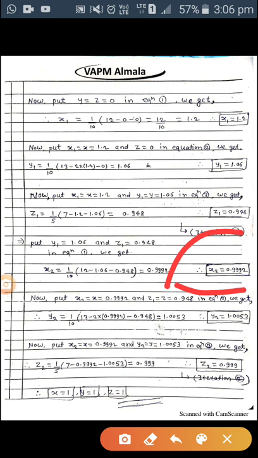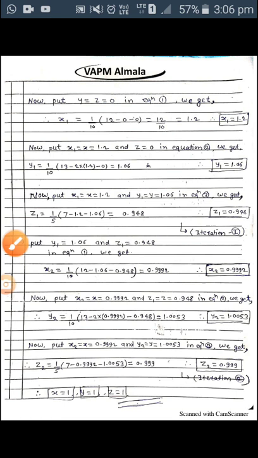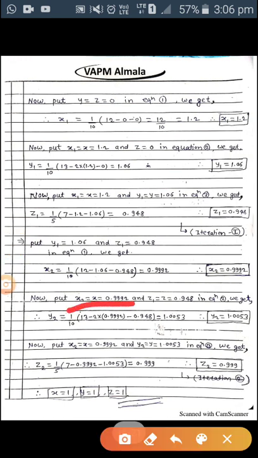Now take this value of x2 = 0.9992 as x, and z1 = 0.948. Putting these values in equation number 2, we get the second value of y, that is y2 = 1.0053.